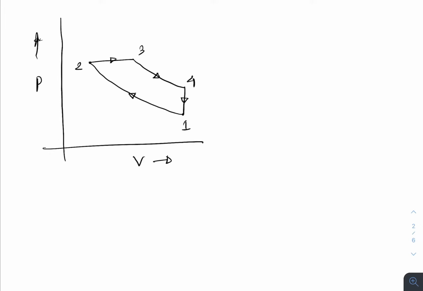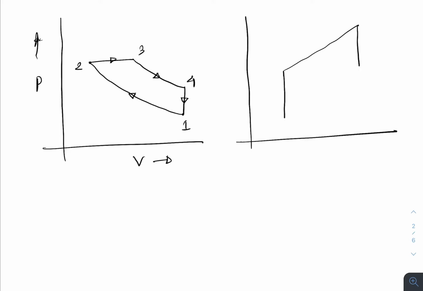And this cycle is going this way. And then the TS diagram, it's basically 1 to 2 is isentropic, and then constant pressure, and then isentropic again, and then constant volume. So this is 1, 2, 3, 4.